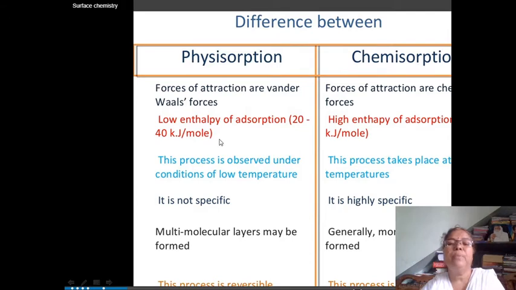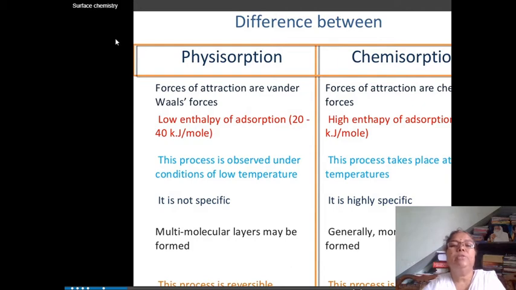per mole. That means enthalpy of adsorption means while the adsorption of any material takes place on the surface of another material, at the time of adsorption process the heat is evolved, and that heat evolved is called as enthalpy of adsorption.